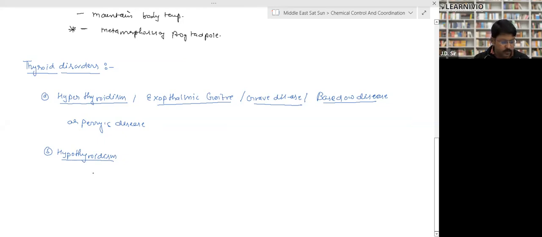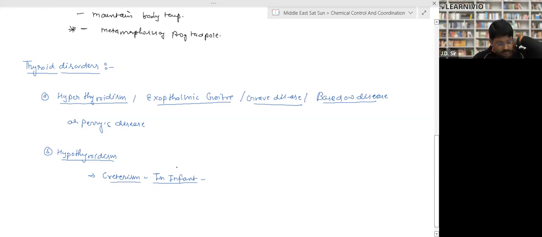Due to less secretion, the first disease caused in infants is called cretinism. Write it down: cretinism in infants. If secretion does not take place at the younger or infant stage, then it causes cretinism.